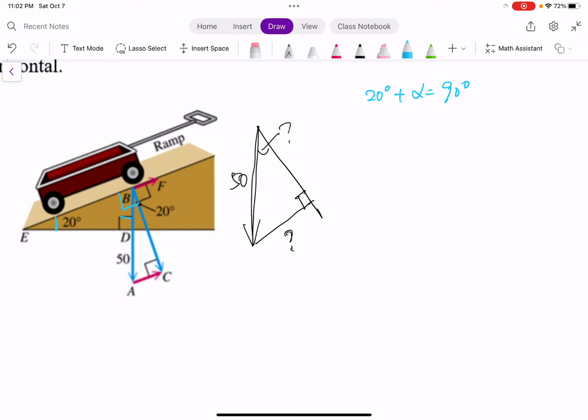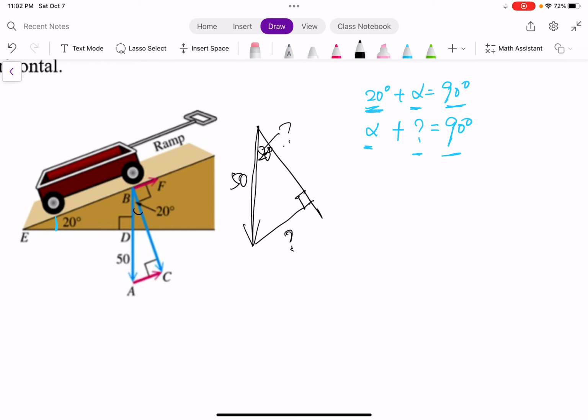Yes, it is. So this angle we call alpha. Alpha plus this angle, question mark, also equals 90. We have learned 20 degrees plus alpha is 90, and alpha plus what is 90? The question mark is also 20 degrees. That means in the right triangle this angle is 20 degrees.